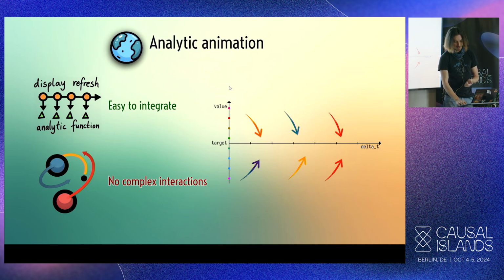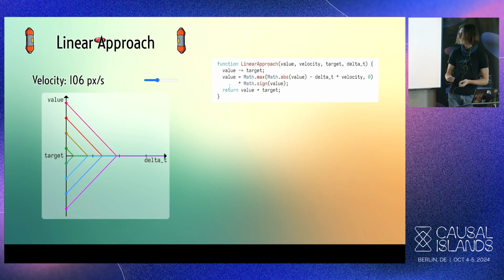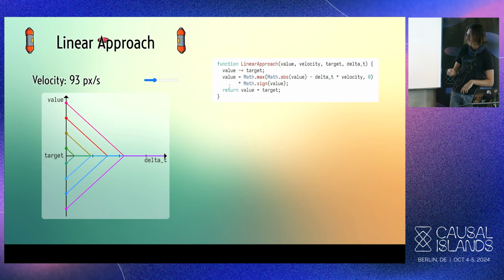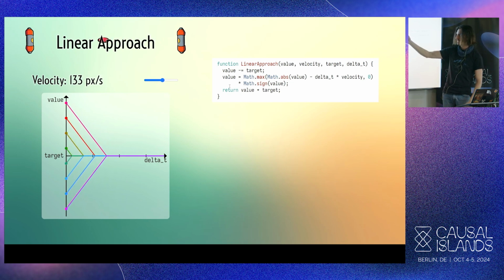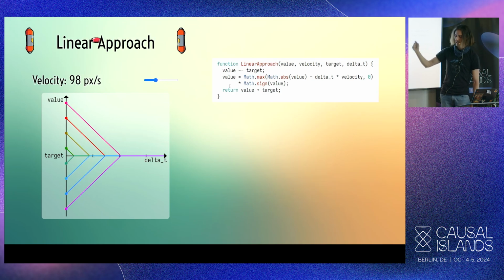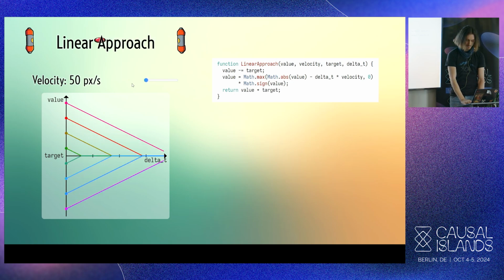This is a simple formulation, and we can look at the first type of approach function that we could have. This is a function that takes those three variables that I showed you: value, velocity, target, delta t. Velocity is actually a parameter that we can control that tells us how quickly or how slowly we will approach the target. This type of animation looks a little bit wonky.